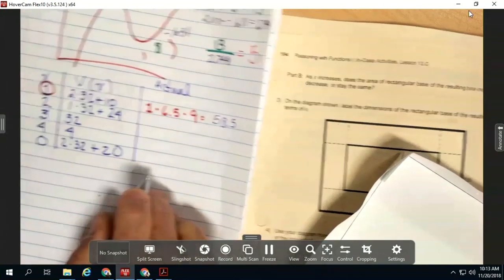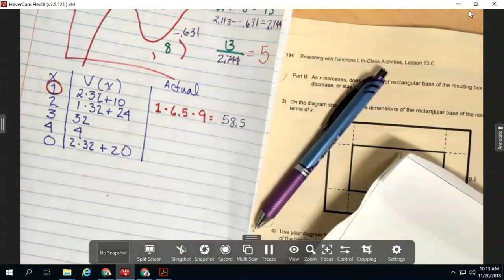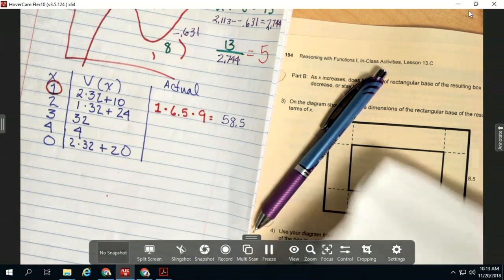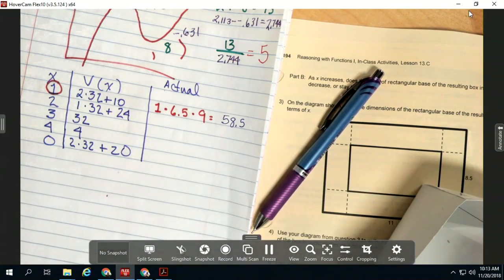Do the other cutouts in your group get the volumes? Go. Anybody need help?